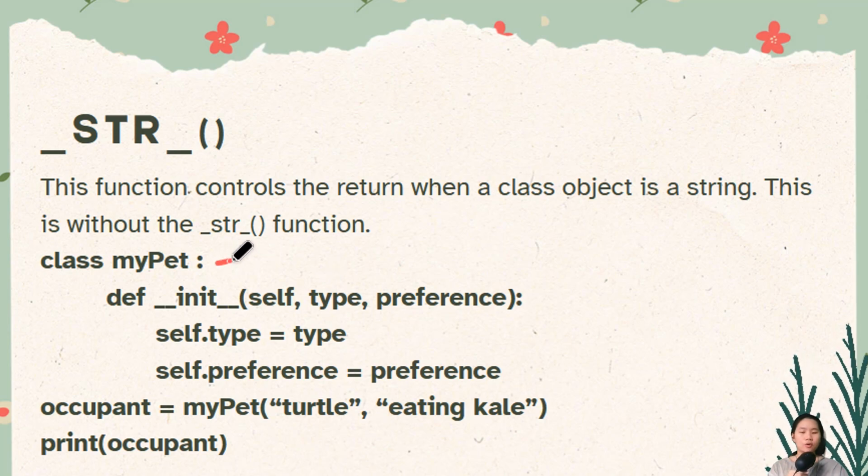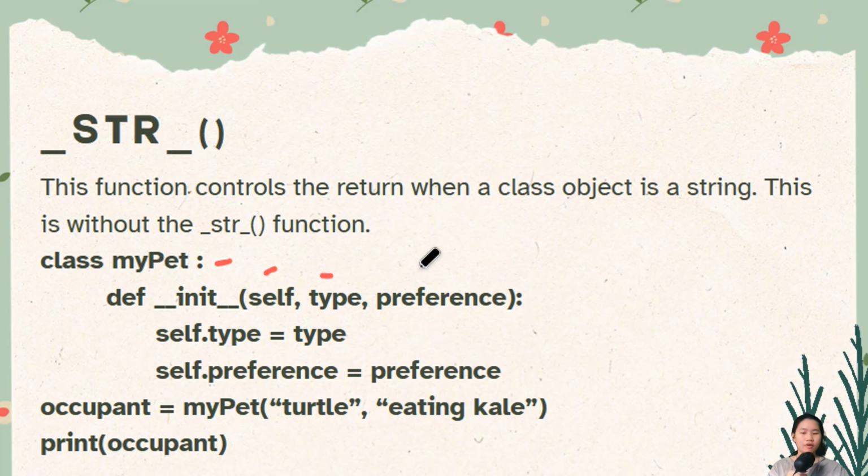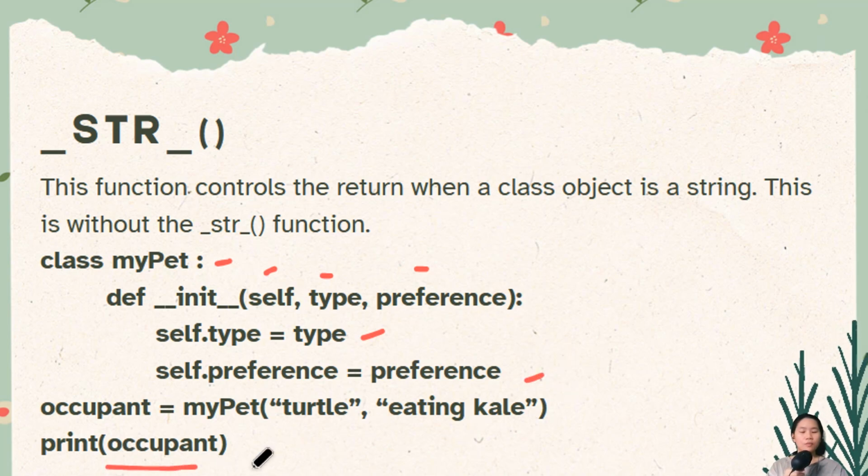Going back to our class pet, init, self, type, preference, same thing. Self.type equals type, self.preference equals preference, and we have our turtle and eating kale. Once we print this out, I will show you in a demonstration. It's hard to say out loud, but it's quite a hard to read format.